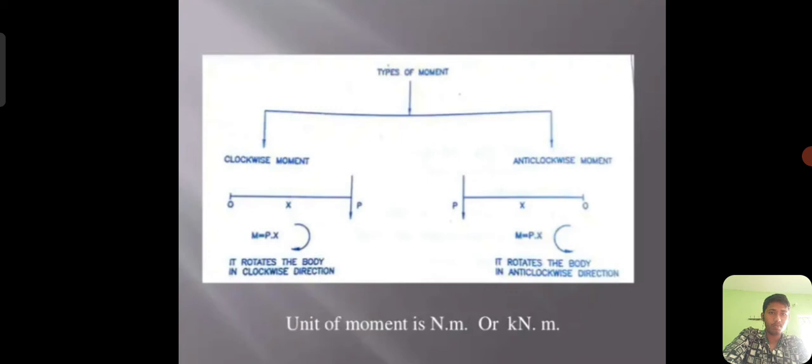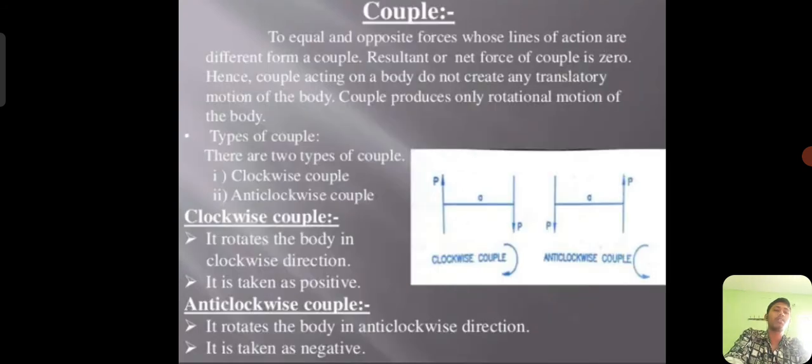Clockwise moment rotates the body in the clockwise direction, equal to P into x. Anti-clockwise is the negative direction, and it rotates the body in the anti-clockwise direction. Units of these are Newton meter or kilonewton meter.